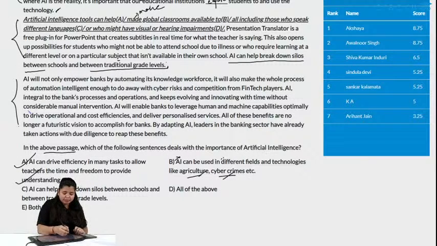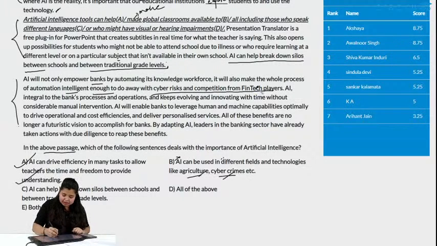AI will not only empower banks, so here we are talking about banks, by automating its knowledge workforce, it will also make the whole process of automation enough to do away with cyber risk and competition from fintech players. Before going line by line, you can just take a look at important words. What are fintech players?